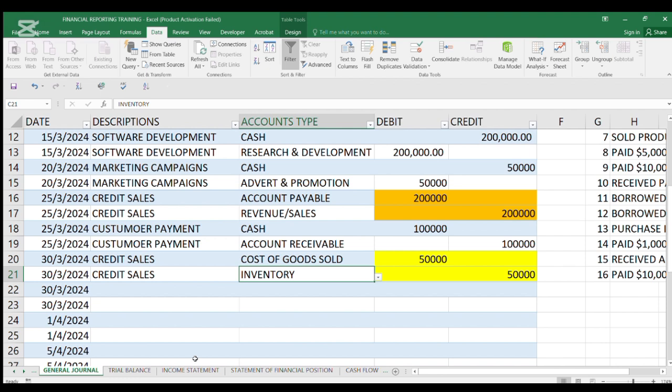Now, the next transaction has to do with the sold product worth 280,000 and received cash immediately. Here we will say cash sales. This is cash sales. We select cash here. Then which account is to be credited and which account is to be debited? Cash account.